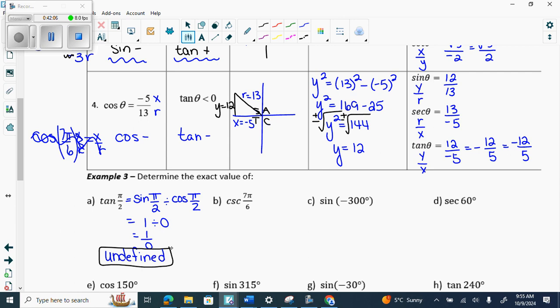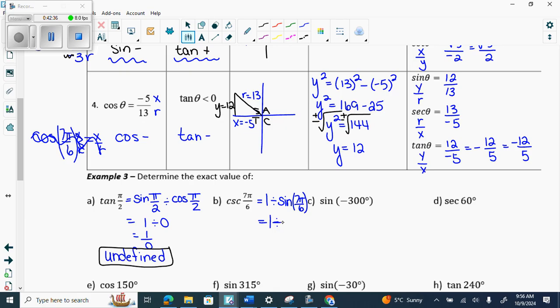So what is cosecant of 7 pi over 6? Cosecant of 7 pi over 6 equals 1 divided by sine of 7 pi over 6 off your formula sheet. We agree? So it's just whatever sine 7 pi over 6 is, flipped. So it's 1 divided by what?